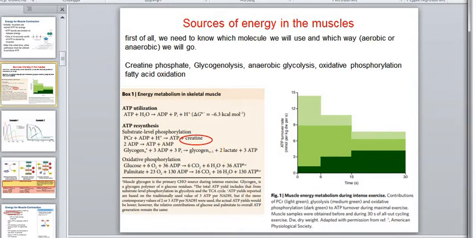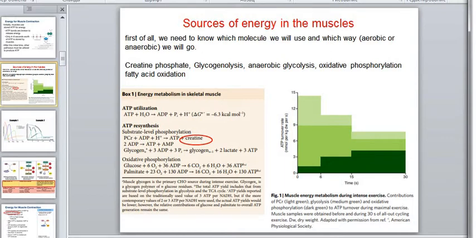And on the next slide we see this process, how many different molecules the muscle can use for production of energy. After using the ATP reserve, these molecules must be synthesized. First of all, we need to know which molecule we will use and which way, aerobic or anaerobic, we will go.